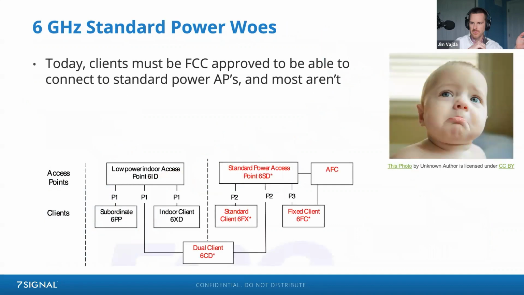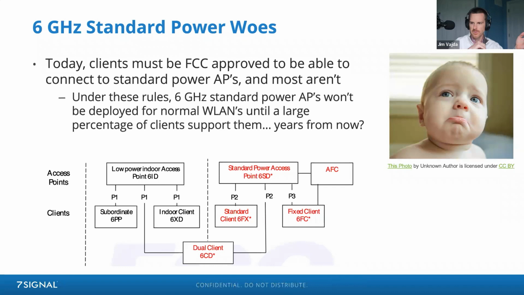There's a couple problems. One of the issues is clients. There are different classes of clients now in the 6 gigahertz band. The two most common in the enterprise are the indoor client and the dual client. The indoor client can connect to low power indoor APs. And right now, that's perfect. That's all we need. That's all we have. And then the dual client can actually connect to LPI or standard power APs.